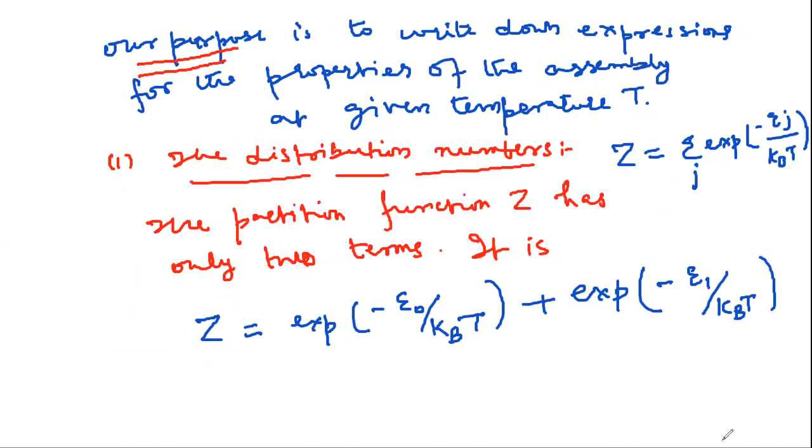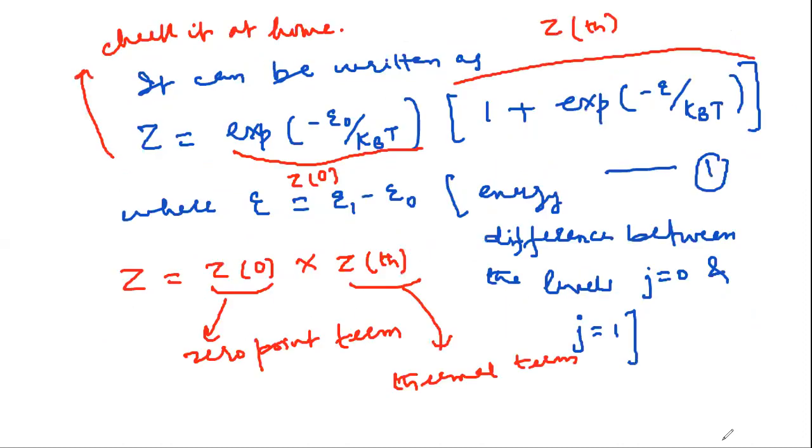So first we wrote the Z for the system, that is the partition function. We saw it has only two terms, one pertaining to the ground state, another to the J is equal to 1 state, that is the upper state. Then we said that this Z can be written as a product of two factors. One factor is the zero point term, which contains the ground state energy, and the thermal term contains the energy difference between the states.